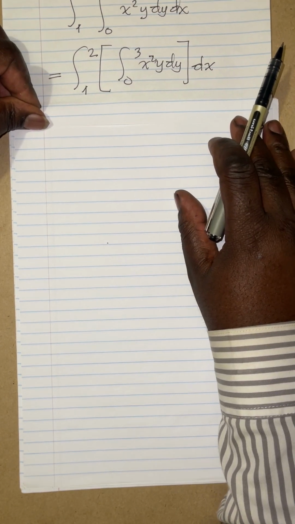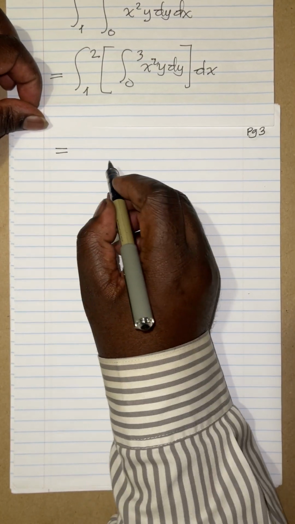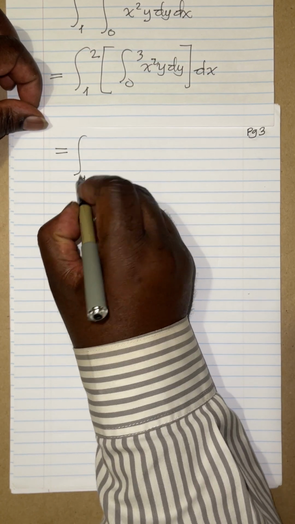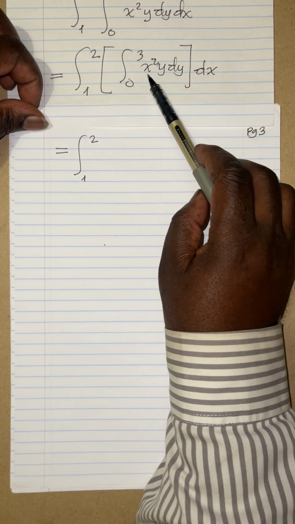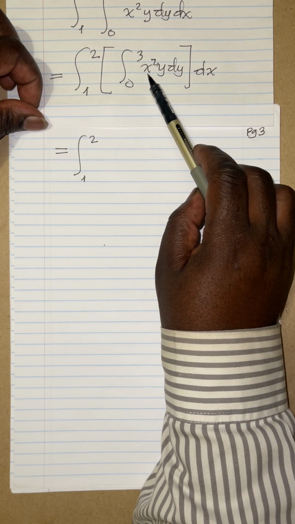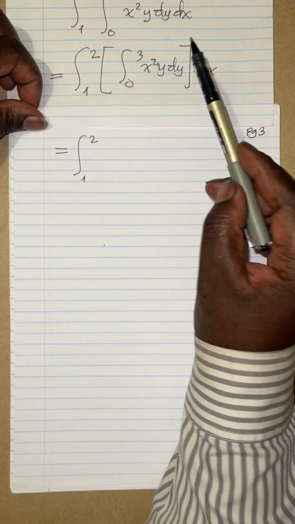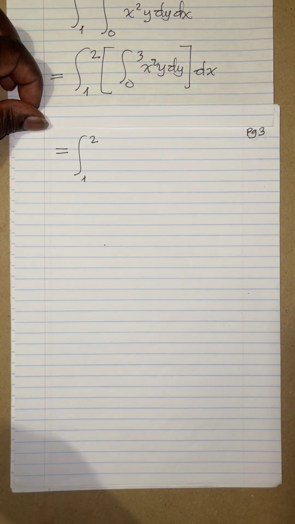All right, so that will be exactly equal to the integral from 1 up to 2. Inside there, remember, we're integrating with respect to y, so x is treated as a constant. So y has a power of 1, we add 1, and then we get 2. We're going to divide by that same number, y squared.